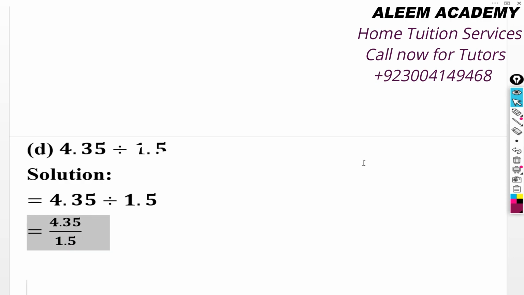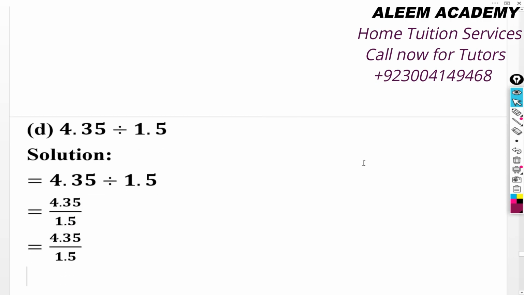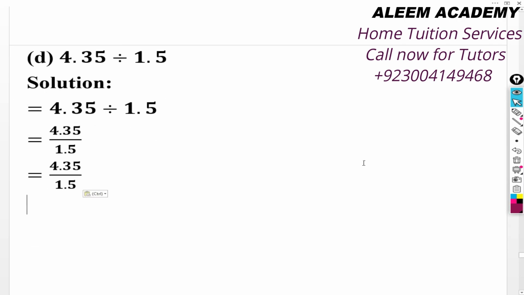Very easy questions. We are trying to explain them in a more easy way for you. Now just cancel the decimal signs. When we cancel the decimal sign from here, the other side will be multiplied with 10. And you know why and how. And when you cancel the decimal from here, the other side will be multiplied with 100.